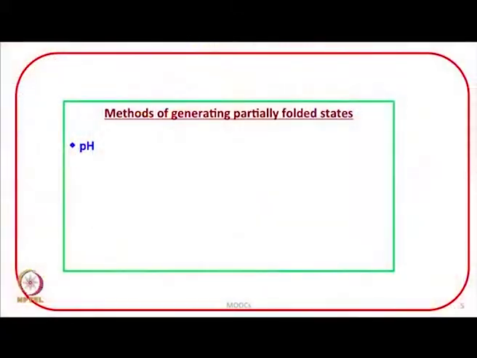Let us take a look at the slide, see what kind of additives can be used to generate partially folded state. One is pH. We have discussed pH at length, how pH can affect the conformational stability of a protein. Suppose if we keep on increasing the pH or decreasing the pH, both extremes of the pH can lead to denaturation of a protein.